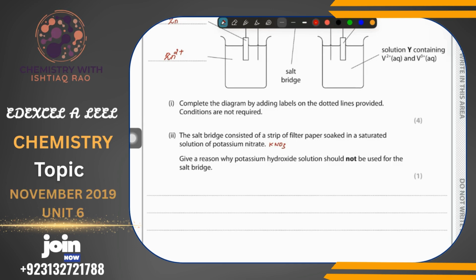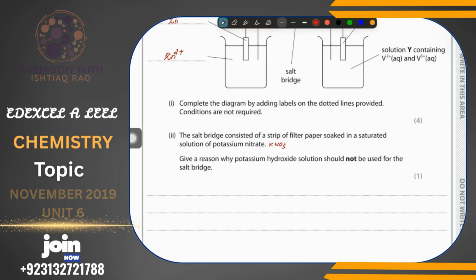So basically, when you use potassium hydroxide in the salt bridge, potassium hydroxide can form a precipitate with the zinc. It would form zinc hydroxide, and of course zinc hydroxide is a solid.